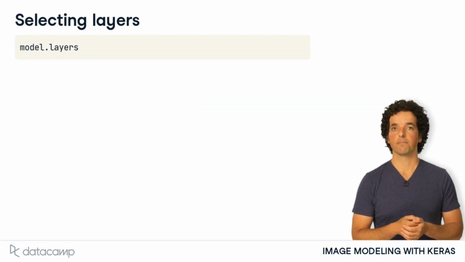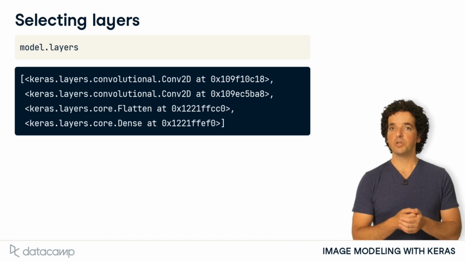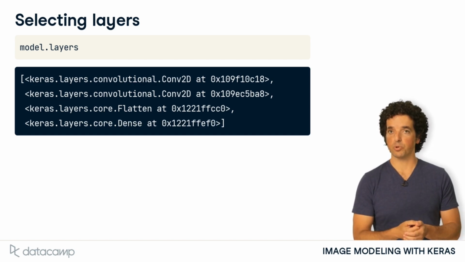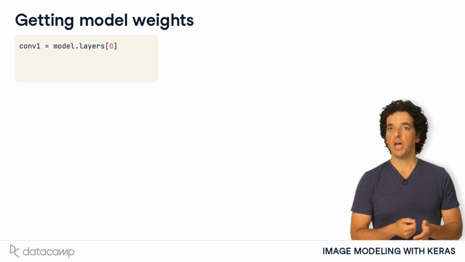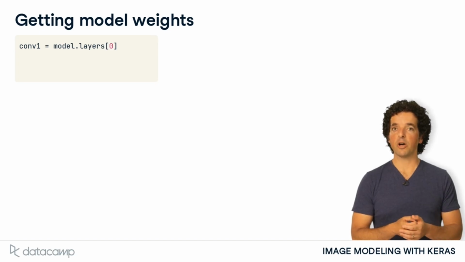Once a model is constructed and compiled, it will store its layers in an attribute called layers. This is a list of layer objects. For example, here is a network with 2 convolutional layers followed by a flattening operation and readout with a dense layer. If we want to look at the first convolutional layer, we can pull it out by indexing the first item in this list.